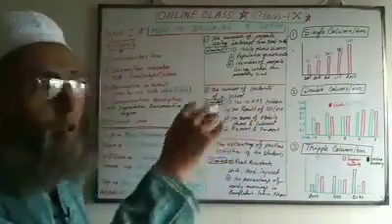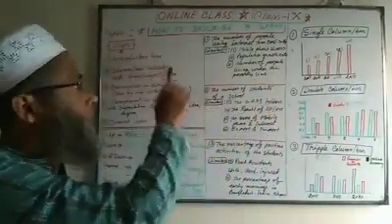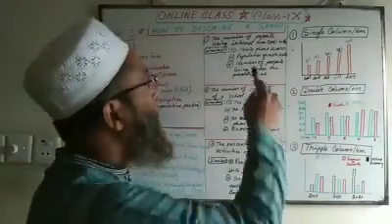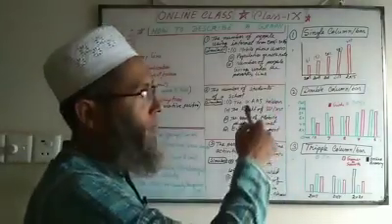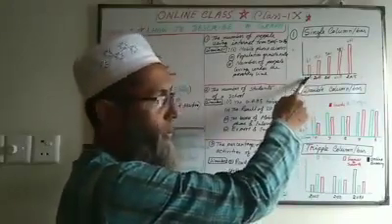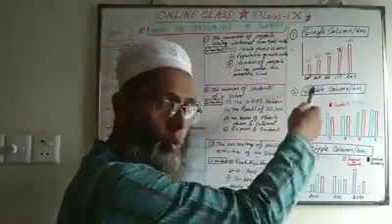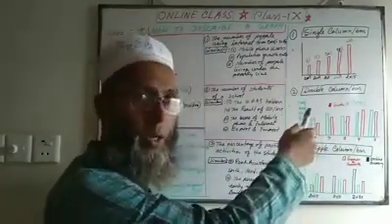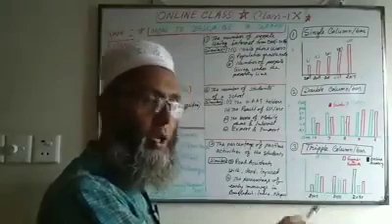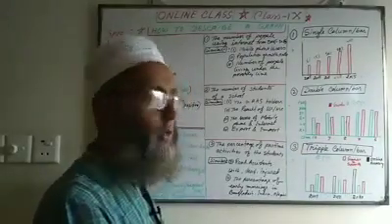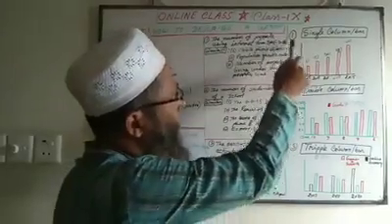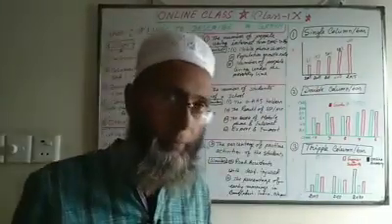What may be the introductory line? We can write in this way: the graph above, or the graph below, or the graph in the question paper shows, or illustrates, or describes the number of people using internet from 2005 to 2015.